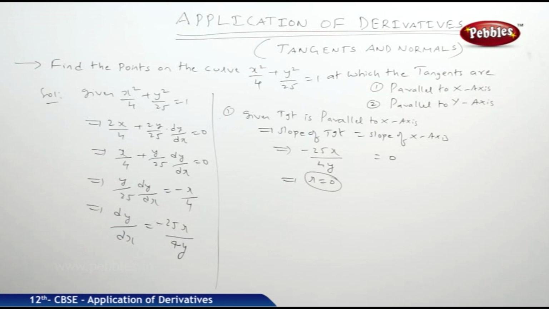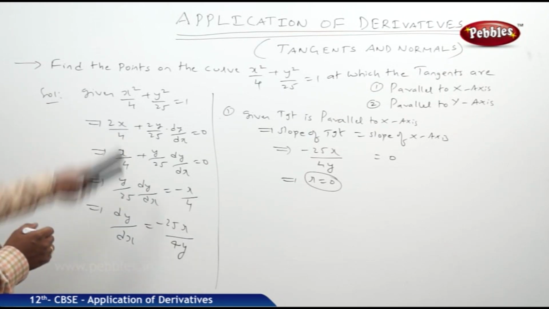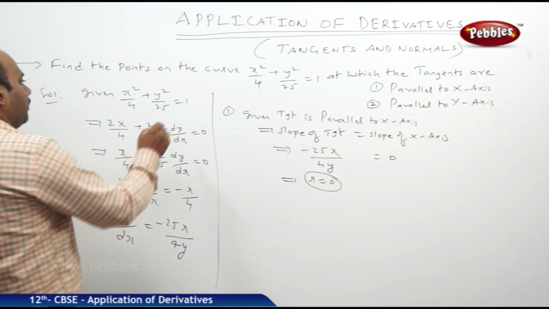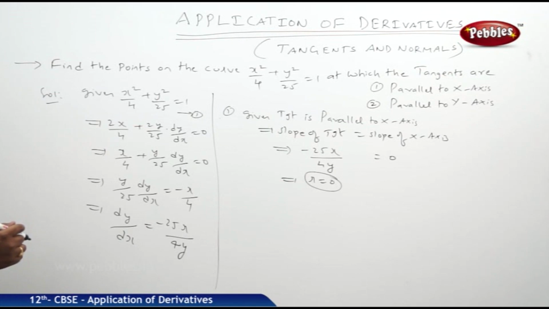As we are getting the value of x is equal to 0, we will be getting y values by substituting in the curve. When I substitute all these things in the curve, what happens? Y square is equal to 25 and I will be getting y is equal to plus or minus 5. Therefore points can be 0, 5 or 0, minus 5.